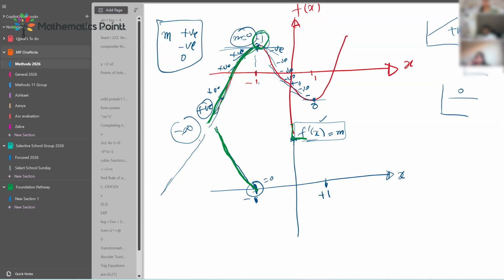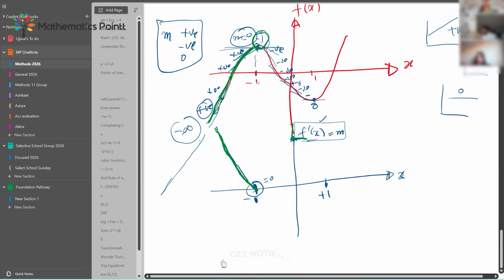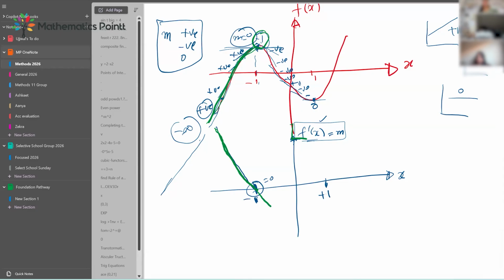From 0, the slope becomes negative, which means I have to slide under the x-axis of the derivative graph. Why? Because this zone is slope negative, this zone is slope positive.